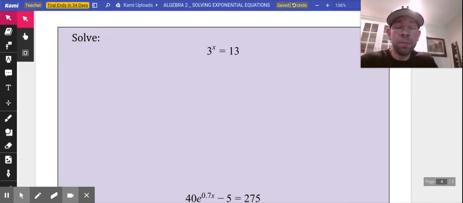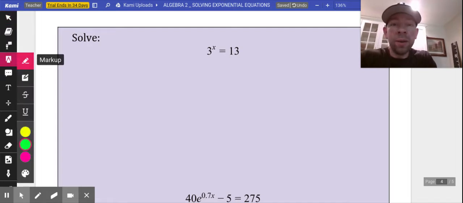So here's the situation. I can't rewrite both sides using the same base because, 3 to the whatever equals 13, I don't know. So step number 1, the exponential expression, is this expression right here. So it's already isolated.